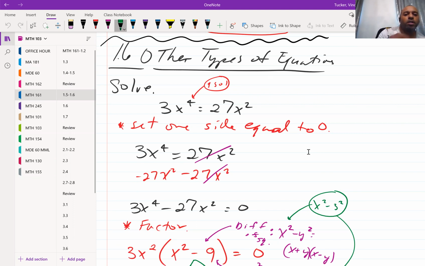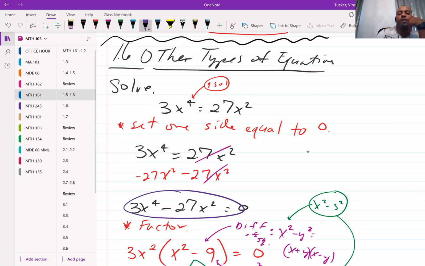Our original equation is 3x to the fourth equals 27x squared. So what we'll do first is set one side equal to 0. Subtract 27x squared from both sides.